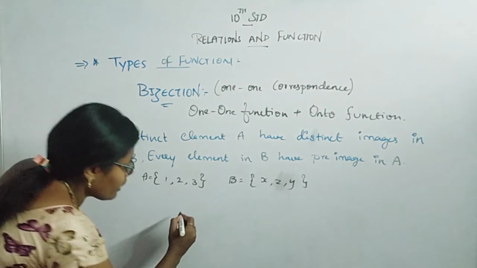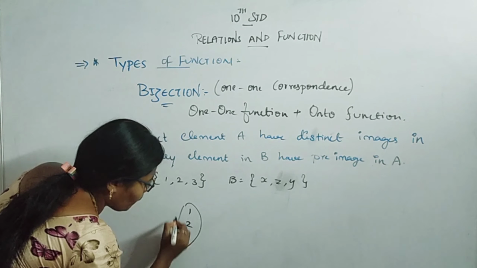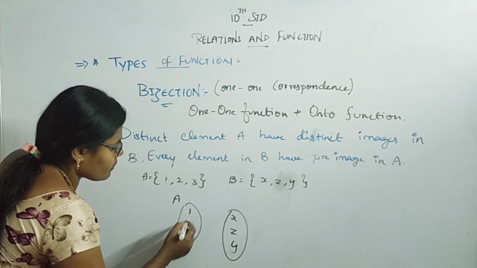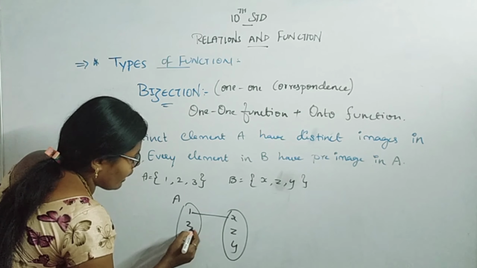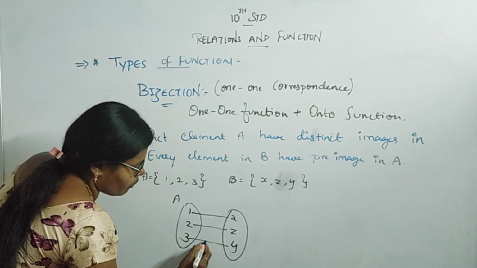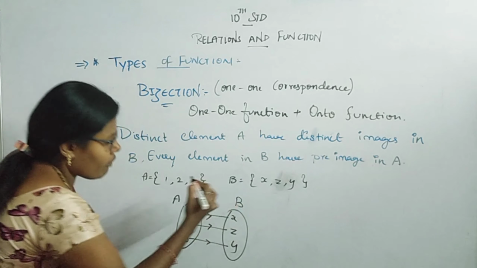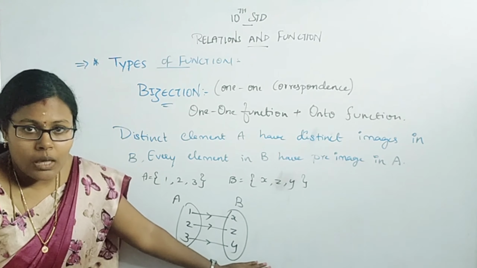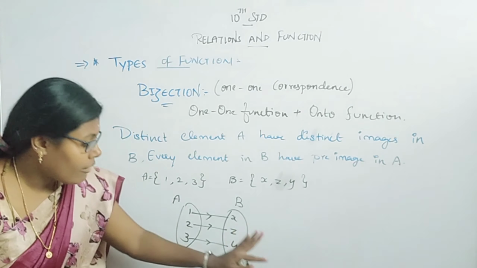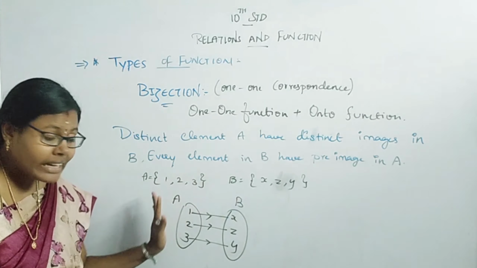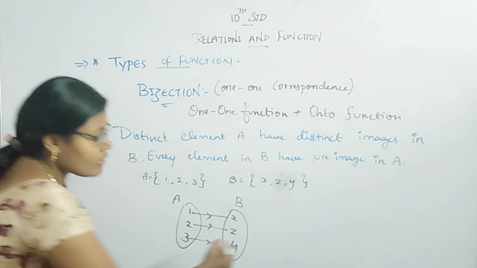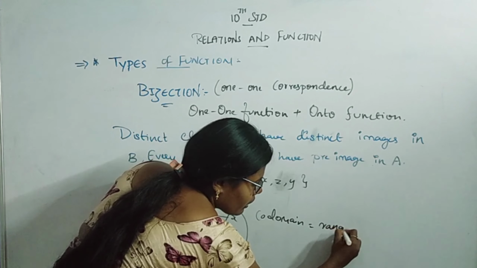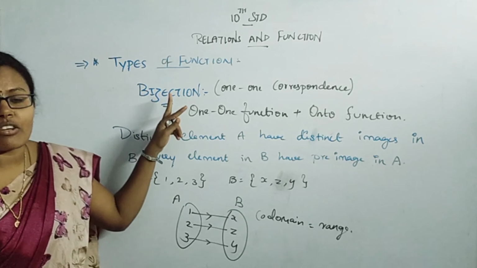Suppose they have given A equals 1, 2, 3 and B equals X, Z and Y. So match it. 1 is X, 2 is Z and 3 is Y. So every element in A has distinct images in B, and every element in B has its own pre-images in A, which means codomain is equal to range. So this is called bijection.